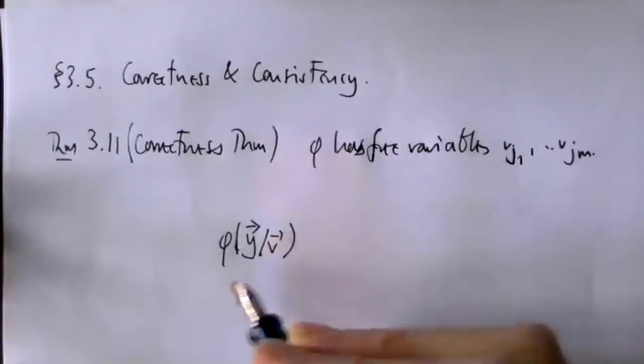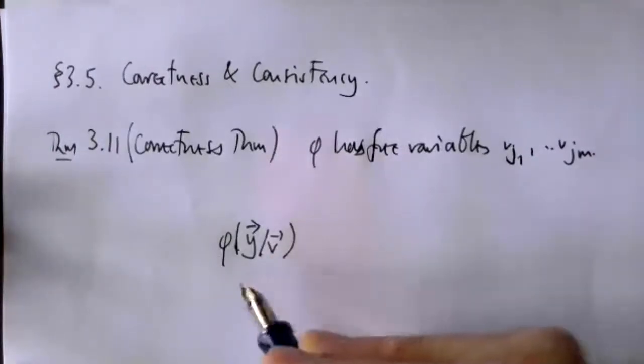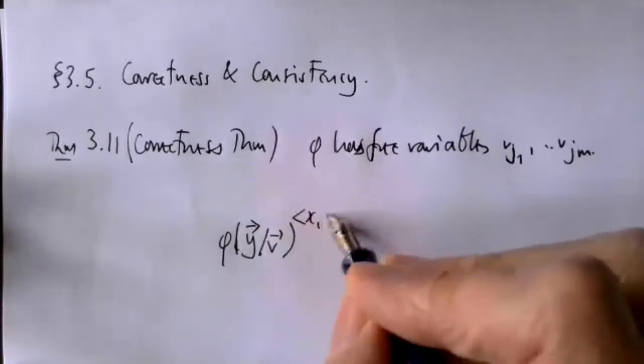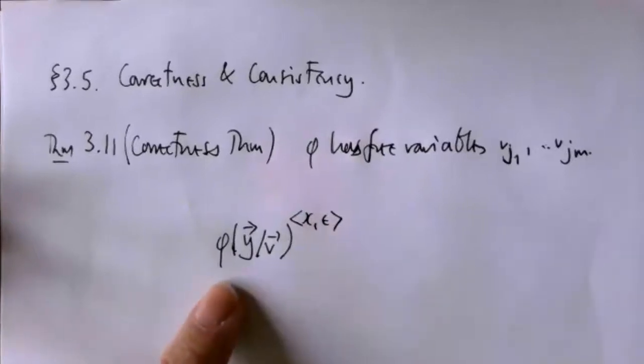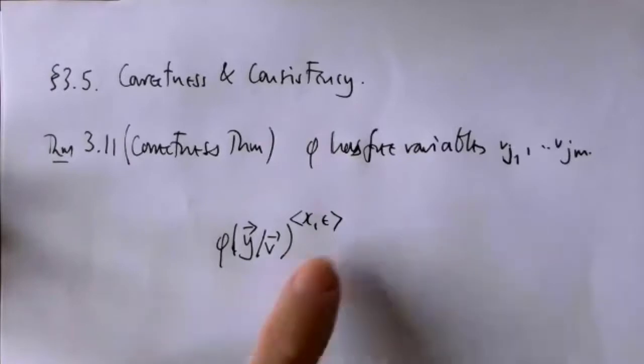So I can relativize the formula to a structure x, just by restricting the quantifiers to x here. And we had this notion then of being true in the structure.